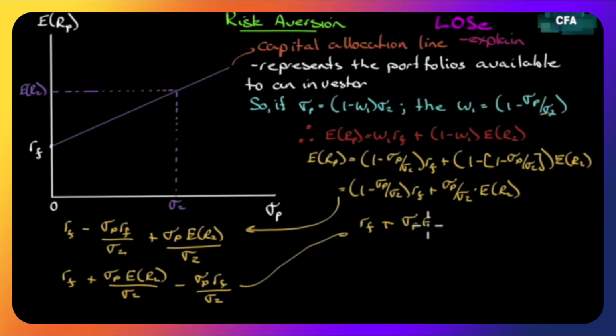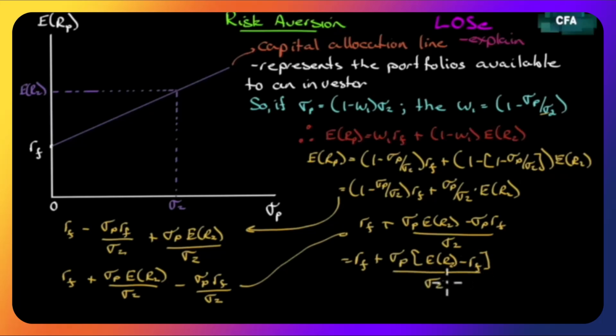Sigma P, expected return R, minus sigma P RF over sigma 2. Well, we have a common term. So we can take the common term out right now. So we'll have RF plus, let's take the common term out. And what we'll be left with, ER inside minus RF over sigma 2.